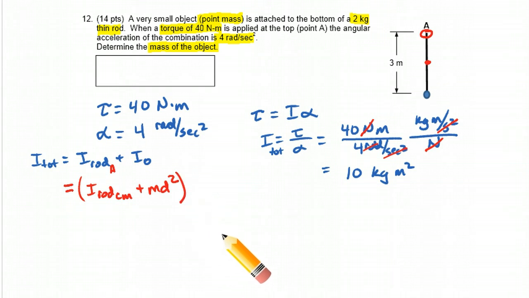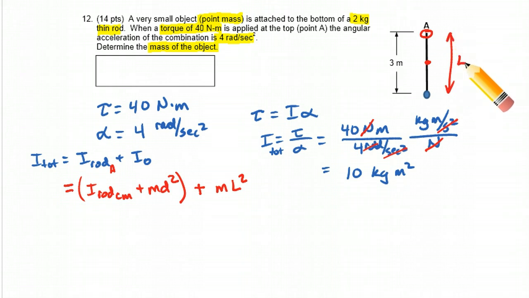Okay, so there's the I of the rod about point A, and I of a point mass is just m, let's call it L squared, where I'm going to call this L. So that is that. We want to find the mass of the object. This is the mass of the rod.